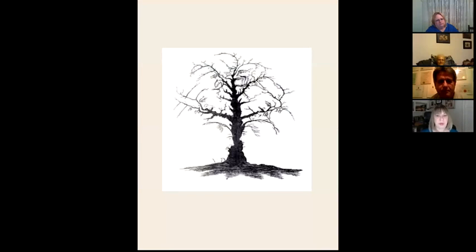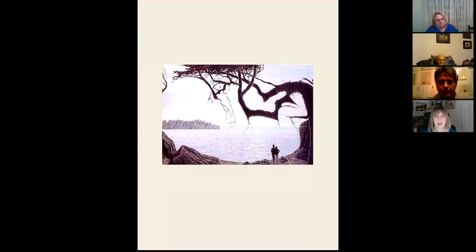It's all about perception. What about here? Do you see a lake and a tree, or do you see a baby? See the baby right here in the hand and the feet? Yes, I can see it. Yeah.